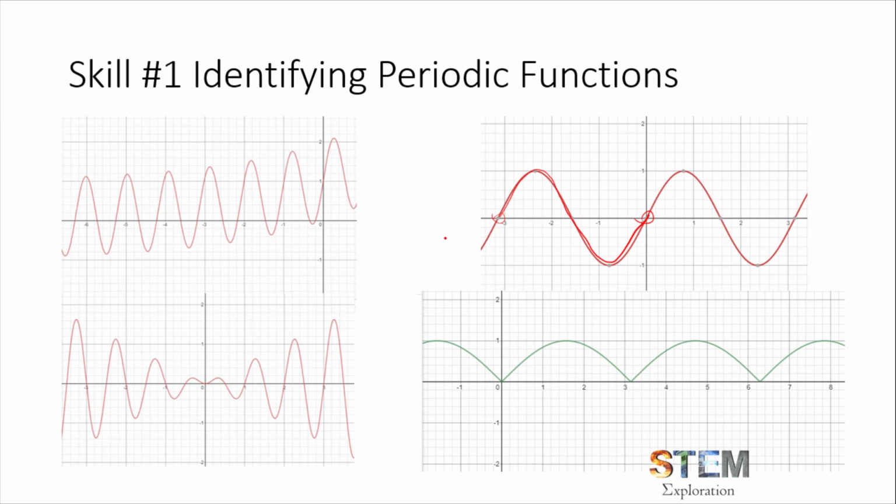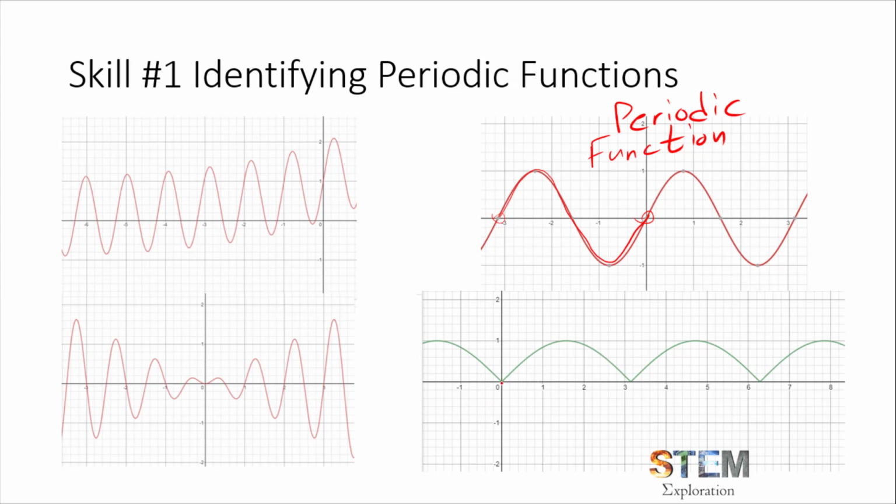So I may look for a spot where it crosses the x-axis. I might say, if I go from peak to peak, does it repeat itself, and those types of things, to see if something is a periodic function or not. And in this given case, I see that this given graph is a periodic function. I also see that the one below me here is also a periodic function.